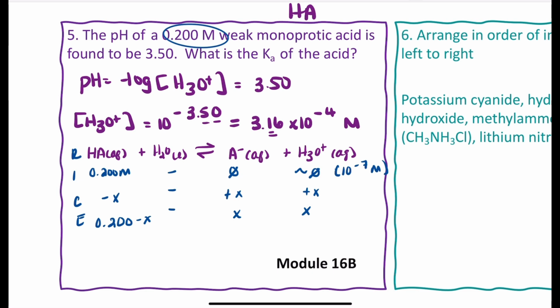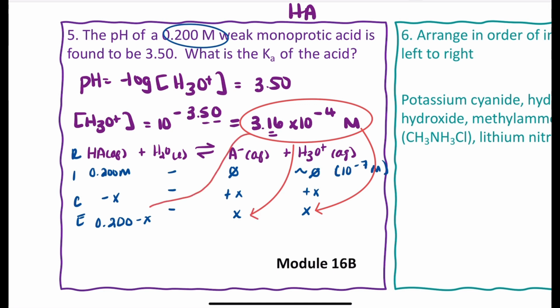I know that, but I also know, based on my pH, that this correlates to here, and is the value of x here. So I actually do know the equilibrium concentrations of each species.